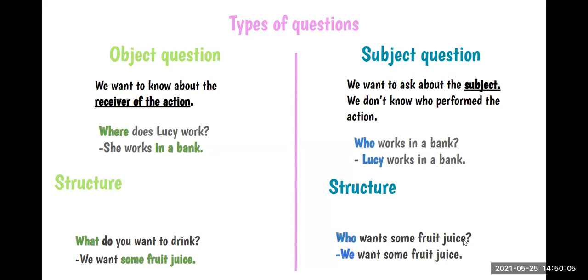Okay, so what is the difference in the structure between these two questions? What is the difference? Structure have the auxiliary verb. Yes, in the object questions, we need an auxiliary verb, and in the subject questions, we don't need auxiliary verbs.